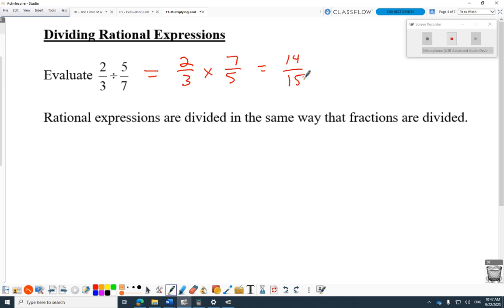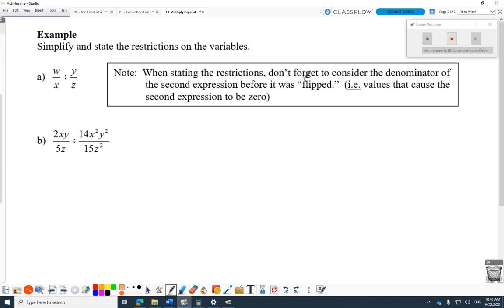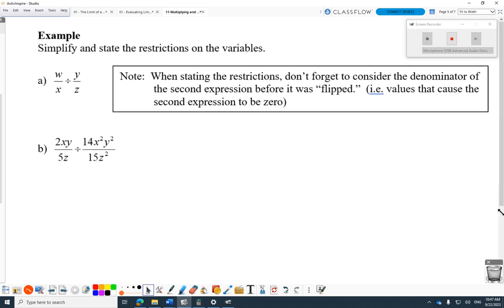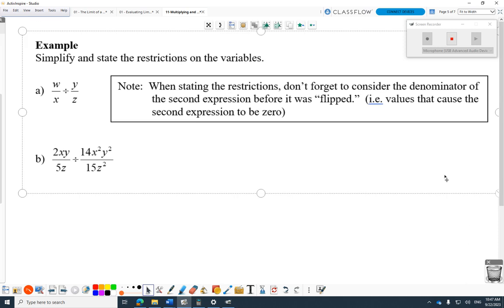There, found all my stuff. Good. Simplify and state the restrictions. Don't worry about what's in the box for a second. You're going to have to copy in a second, but don't copy it down right now until I need someone clever to help me with one example. Something weird is going to happen here with dividing. I said dividing was exactly the same, and I will stick to that. It is exactly the same.